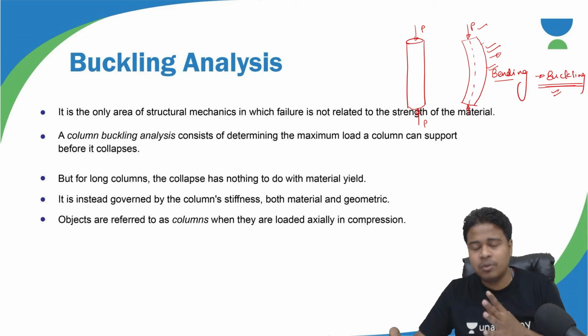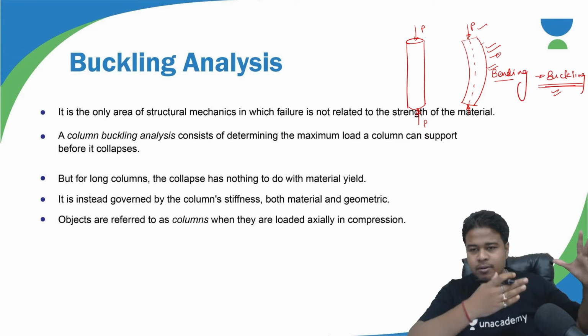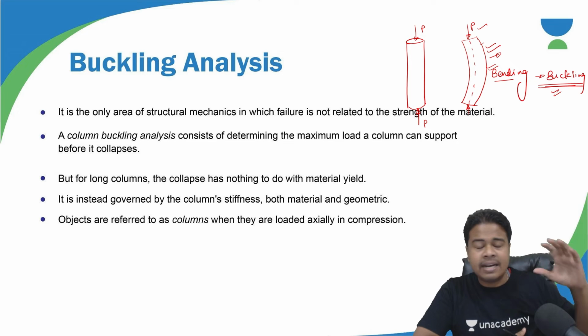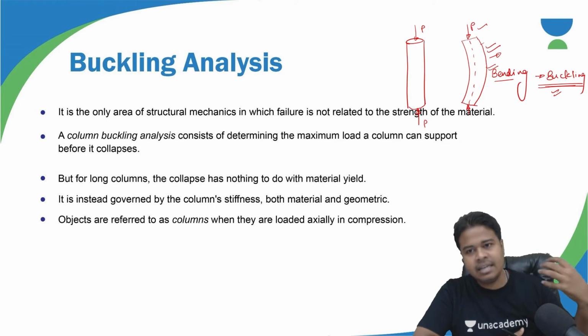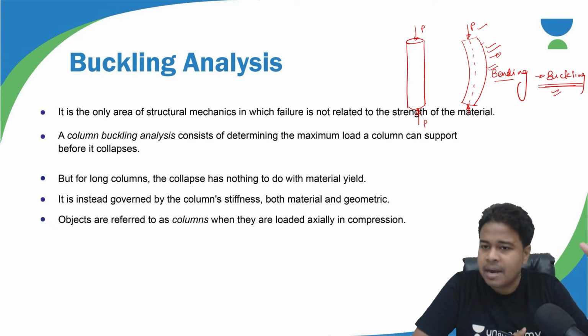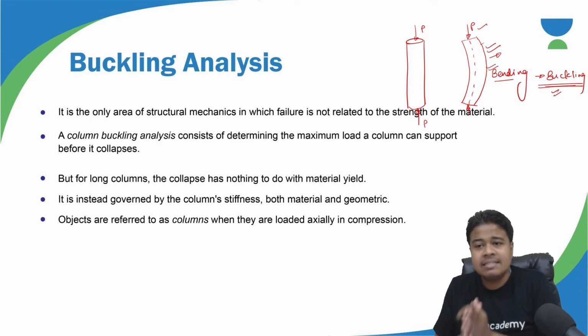Once the extra load which came to the house where the column starts buckling is removed, then again the column will come to its original shape and size. So that's the elastic behavior, right? Because of the elasticity, that's why buckling is an elastic failure.